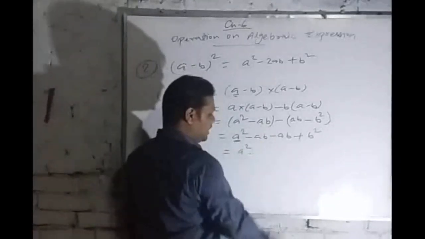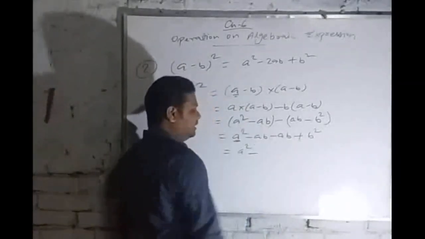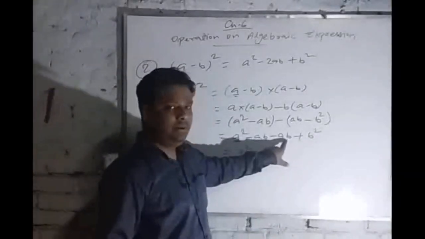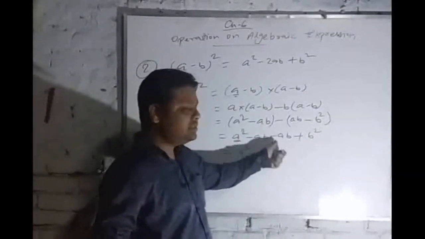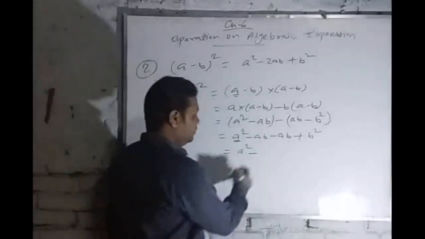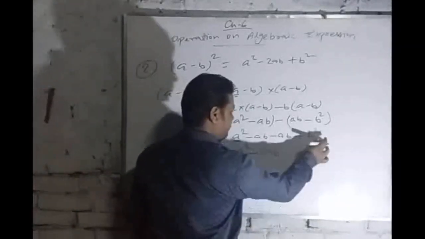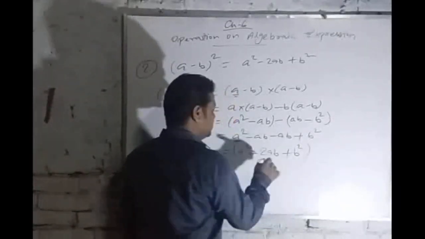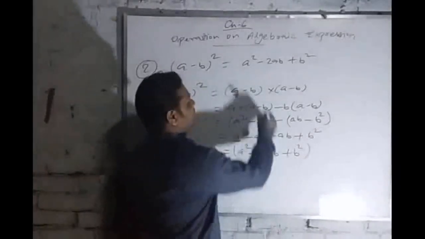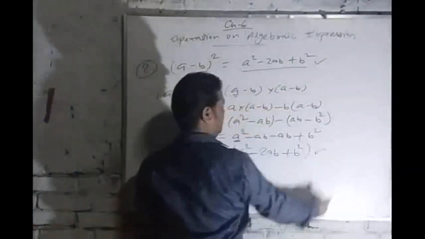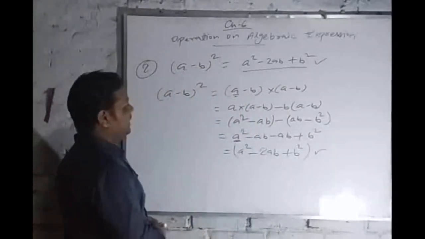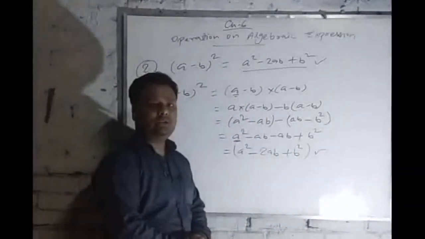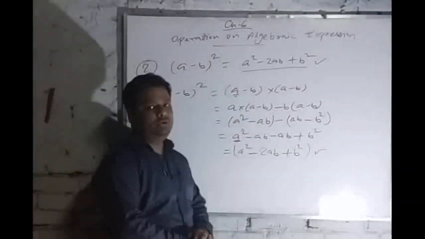After that, ab plus ab, 2ab. Minus minus plus means ab plus ab, which is 2ab. So we will write 2ab here. Then plus b² only. Now you can see both answers are same. So like this we will find the identities and we will use the formula.